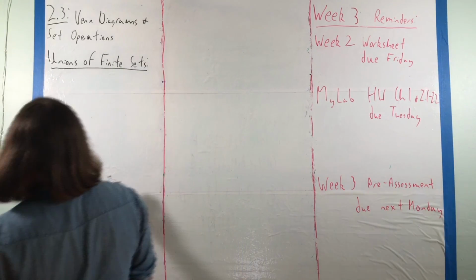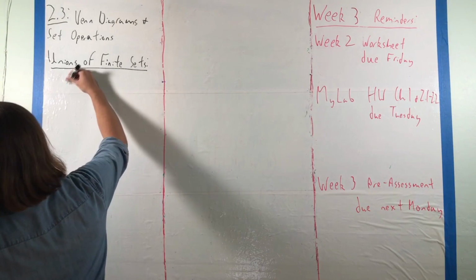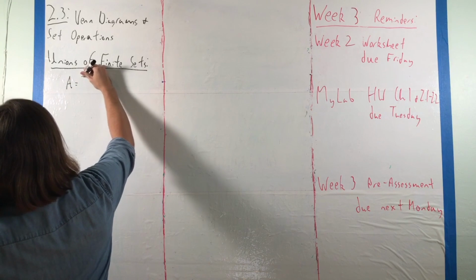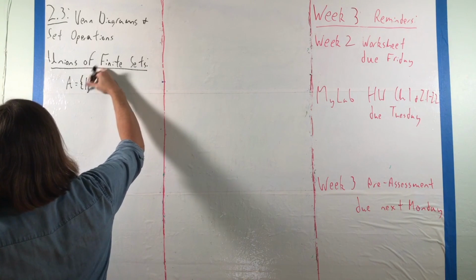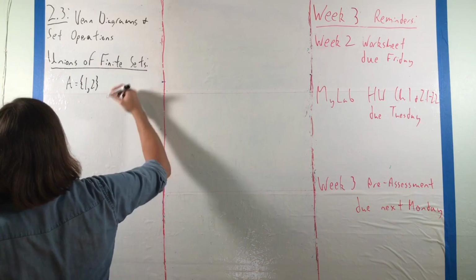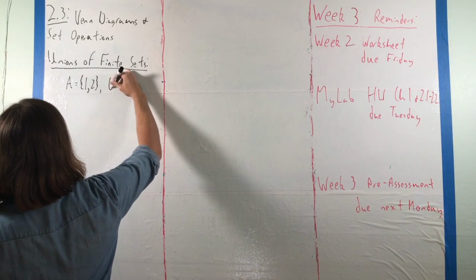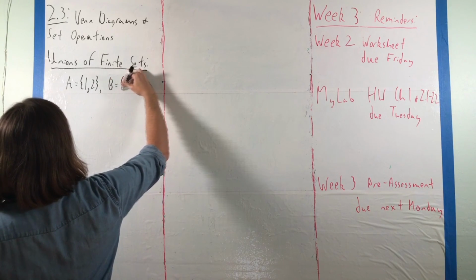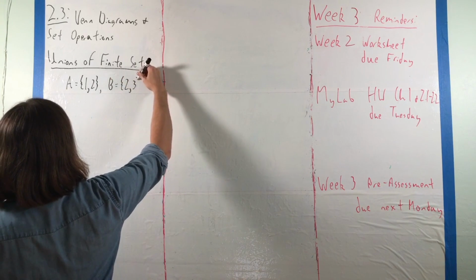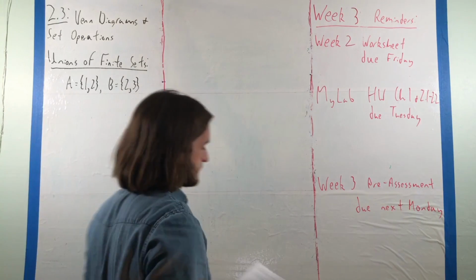Let's take a really simple example. Let's say A is equal to the set {1, 2} and B is equal to the set {2, 3}.